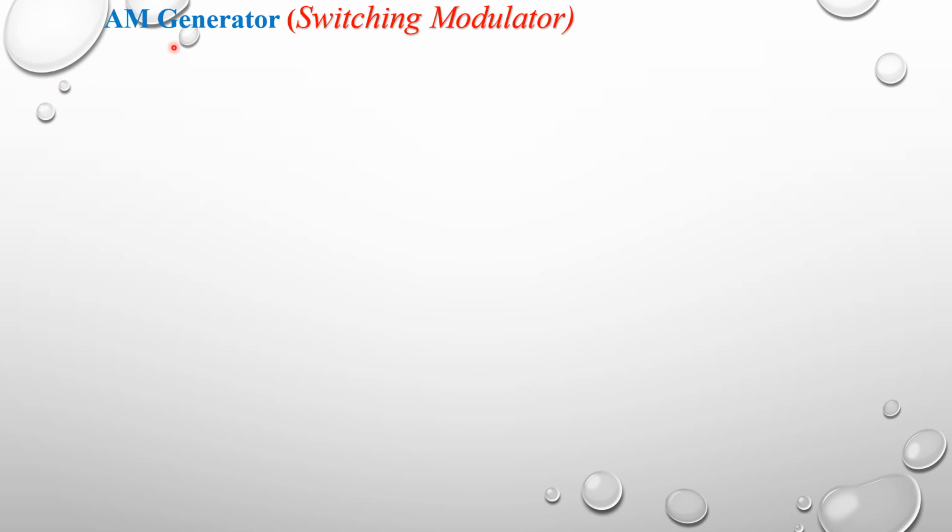If you want to generate AM signals, we need a message signal and a carrier signal.